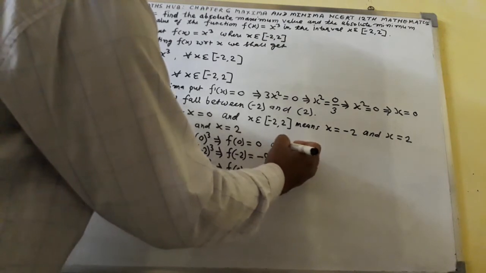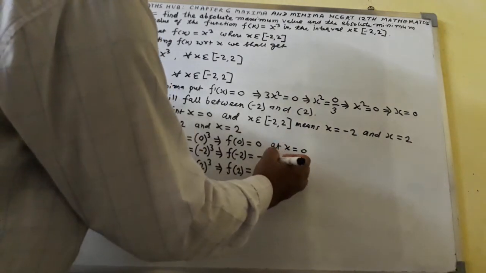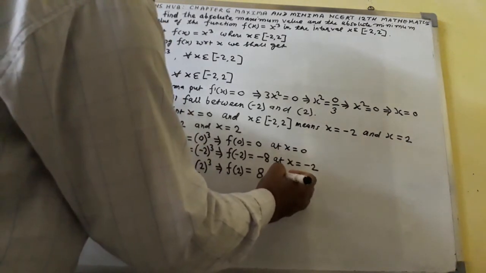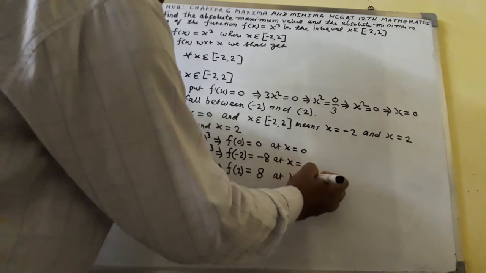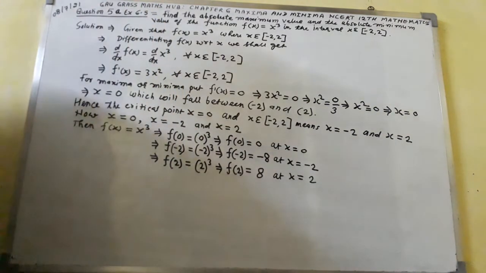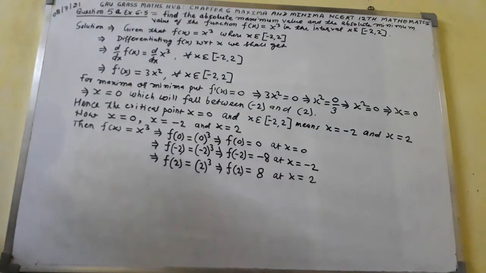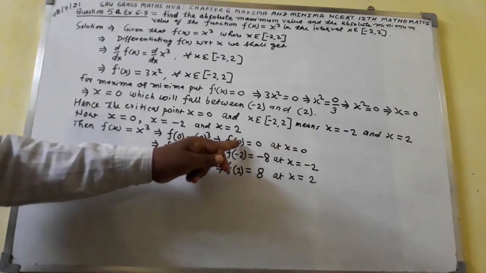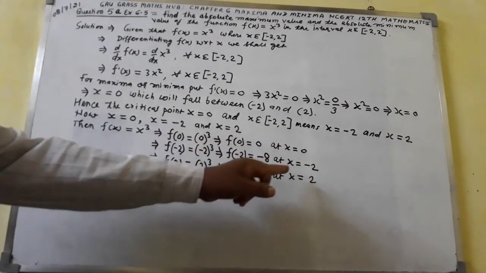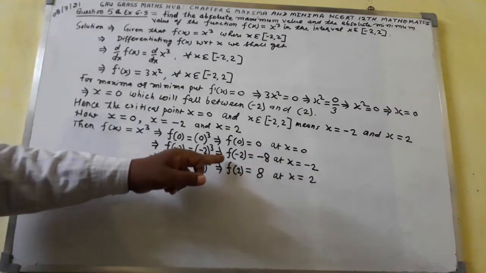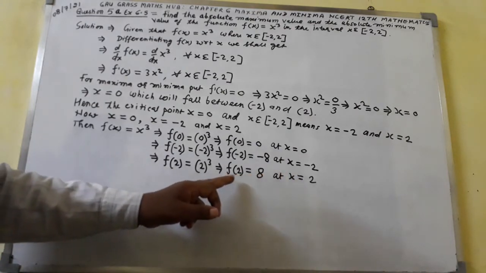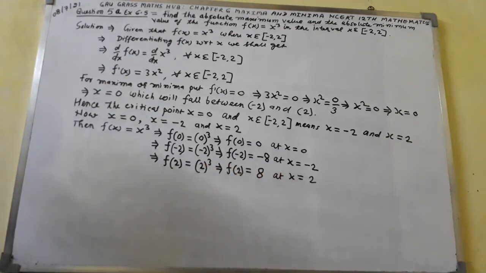At x is equal to 0, at x is equal to minus 2, at x is equal to 2. At x equal to 0, the value of f of x comes out to be 0. At x equal to minus 2, the value of f of x comes out to be minus 8. At x equal to 2, the value of f of x comes out to be 8. This thing you have got. Now what we'll do next?